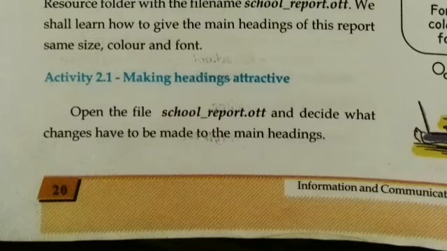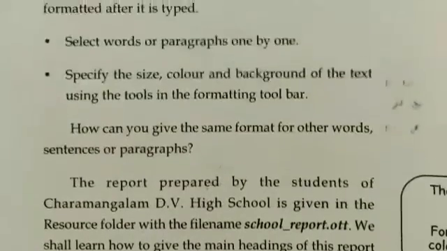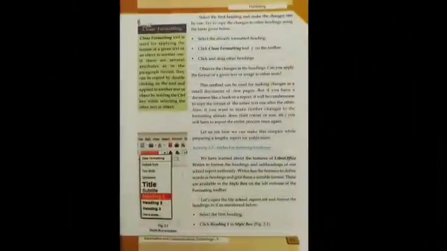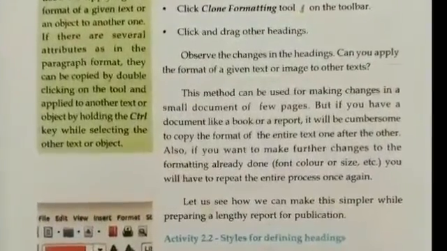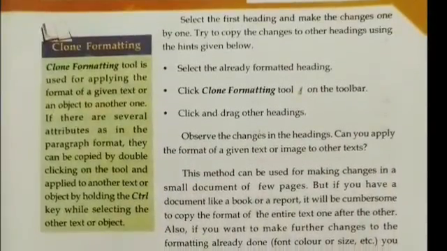First of all, we have to decide what changes we need to make to these main headings or subheadings. So firstly we have an idea about the editing, and after that we can apply the techniques. Here first of all we are going to study clone formatting.